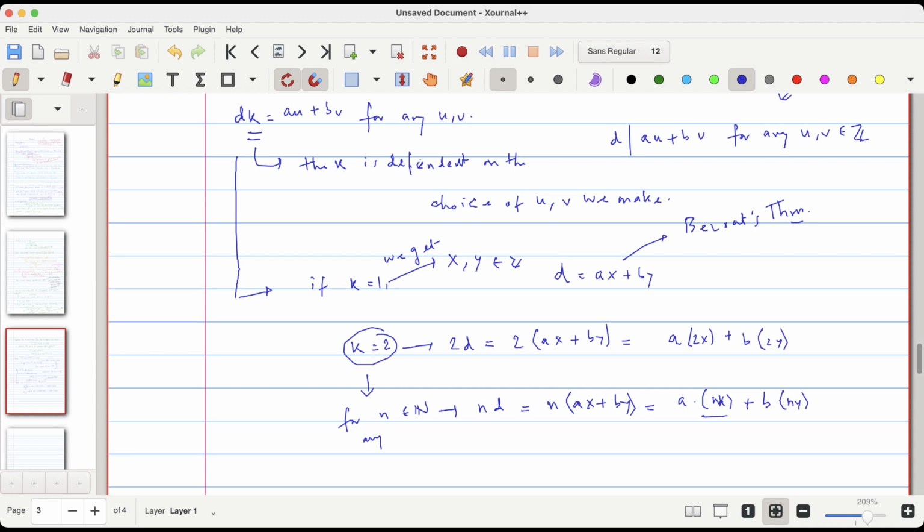Since x is an integer and y is an integer, nx and ny are also integers, right?